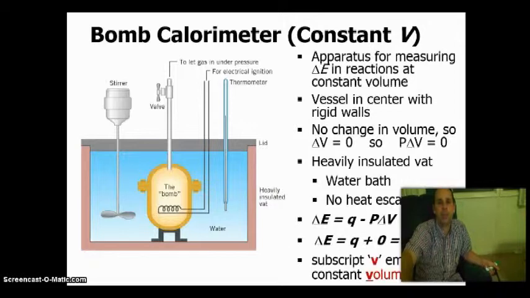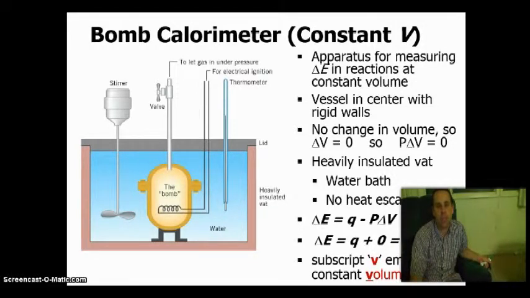All right, now we're going to introduce you to calorimeters. Calorimeters are instrumentation, pieces of equipment that can measure the change in temperature and change in pressure of chemical reactants, right? And this is all done under constant volume.